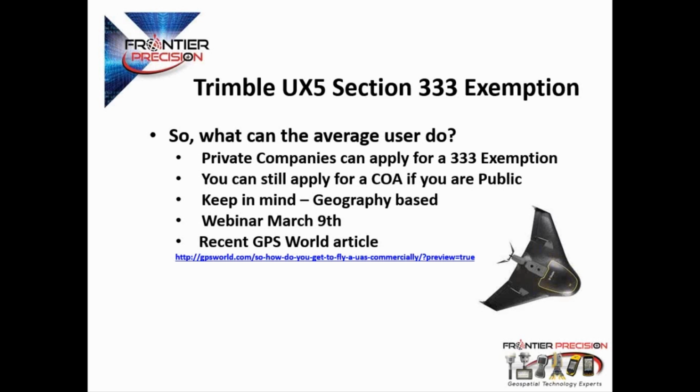I'm just going to note here, and you can view this or write it down quickly, that there's a GPS World article in the last publication of GPS World that went through a lot of this stuff and covered it in great detail. I just want to make sure that everyone understands that the exemption doesn't mean that it's free reign, that everybody can use a UX5 and fly it anywhere they want. Unfortunately, it doesn't work that way.